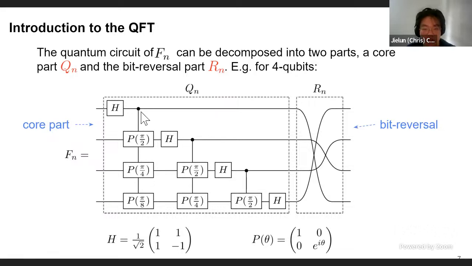And if the third qubit is 1, you apply all these gates on the rest of the qubits. The second part is the bit reversal, which is essentially swapping the order of the bits. It can consist of a series of swap gates between the first and the last, the second and the second to last, and so on.